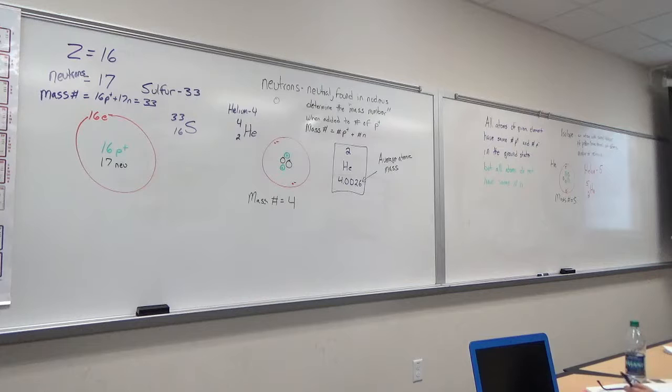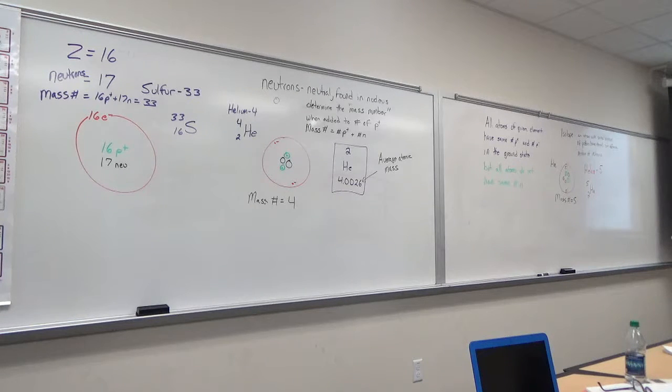Now, if you were in General Chemistry 1, we'd get into more of the average atomic mass and what it means. But it's beyond the scope of this class mathematically.